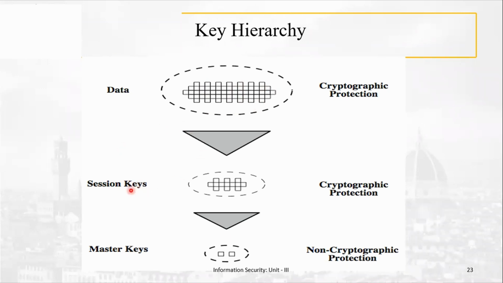Then you maintain the session keys wherever one person logs into the other machine, and you have the master keys, which is a new concept. It doesn't have any cryptographic protection. It is just like a combination of keys.